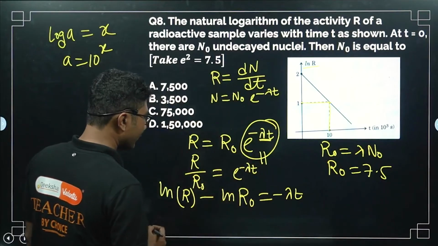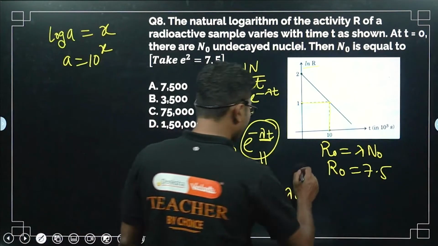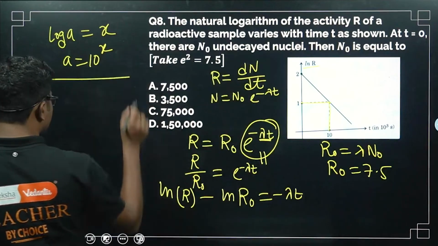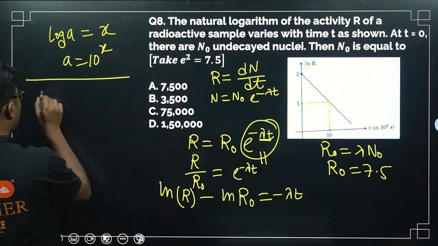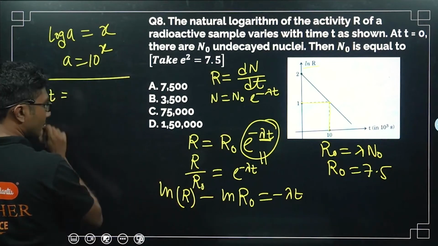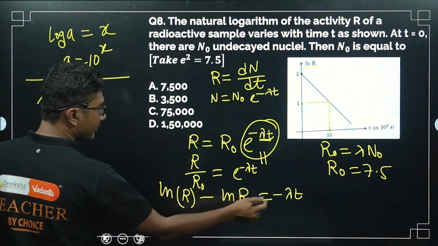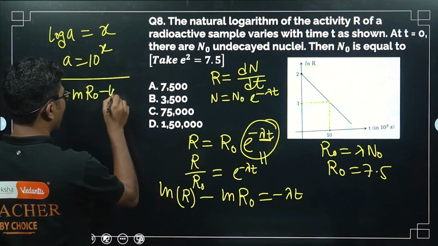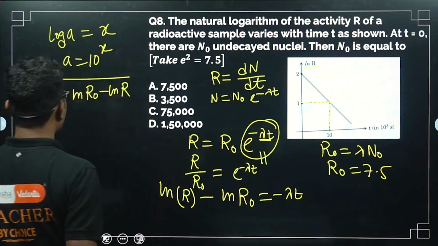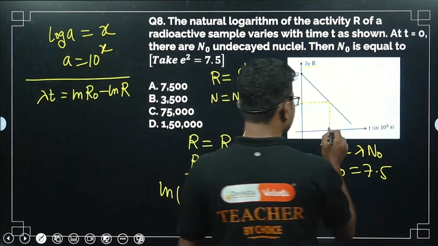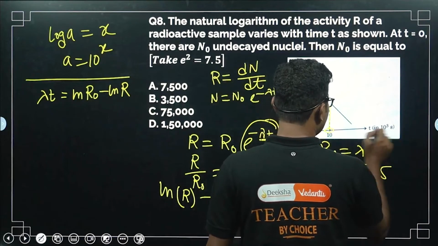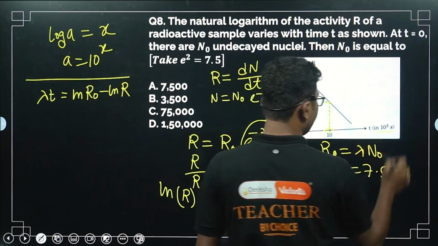Now multiply with negative, and you will get lambda t equals ln R0 minus ln R. You are multiplying with negative, so R0 will come first and ln R will come second, right? Now you will have this information at t equals 10 times 10 to the power 3.